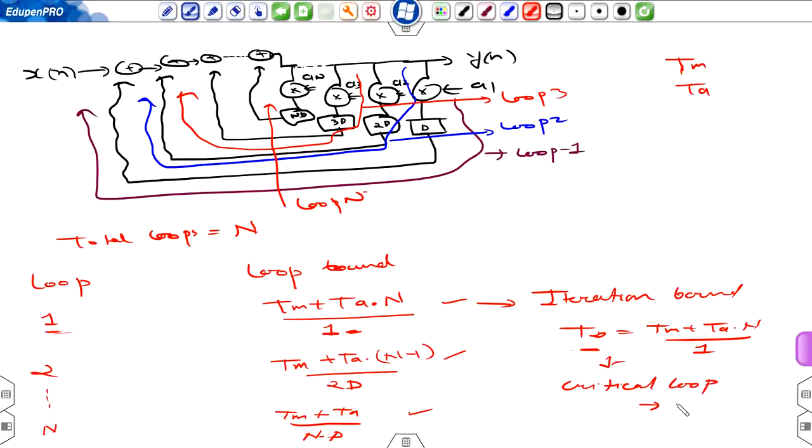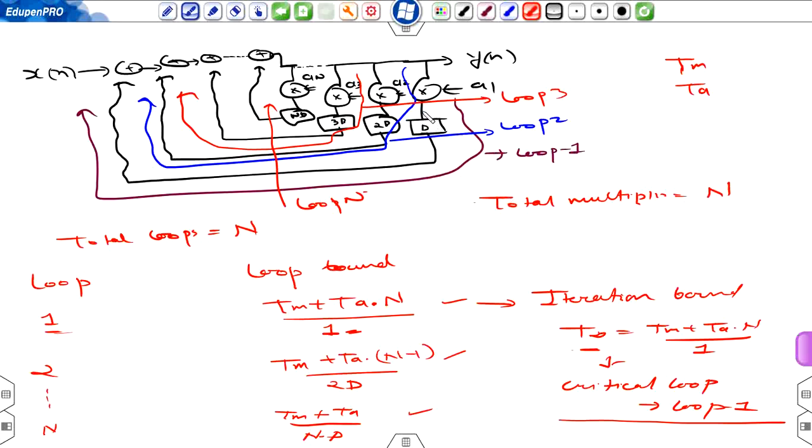Critical loop is loop 1. Okay, and one more thing you can see that in this filter, total number of multipliers are n.